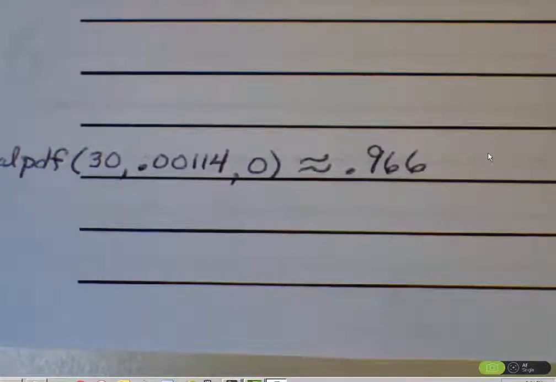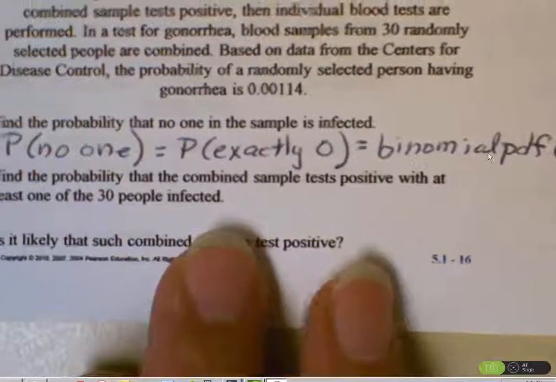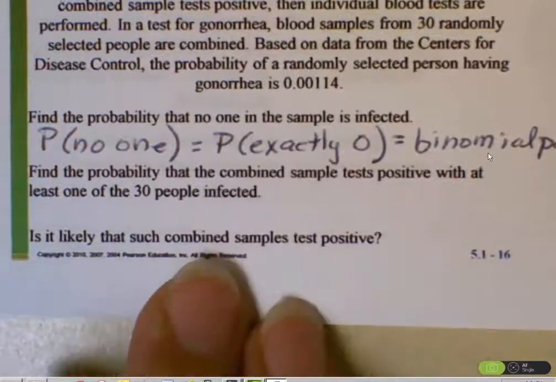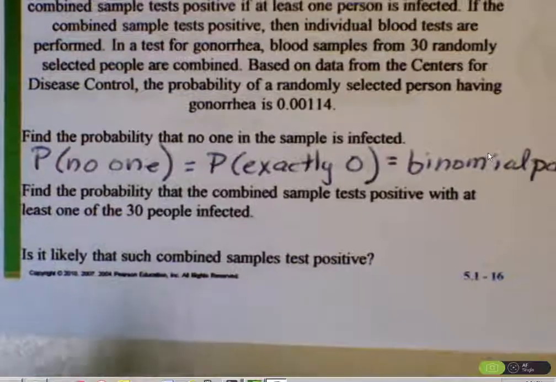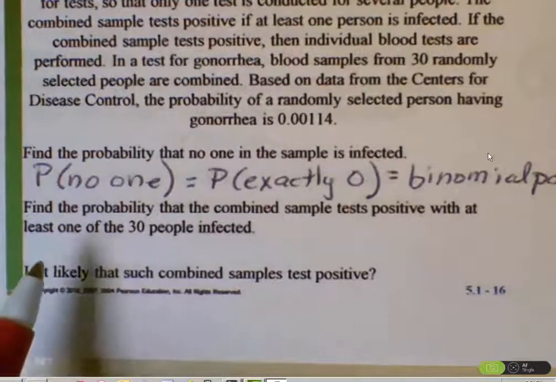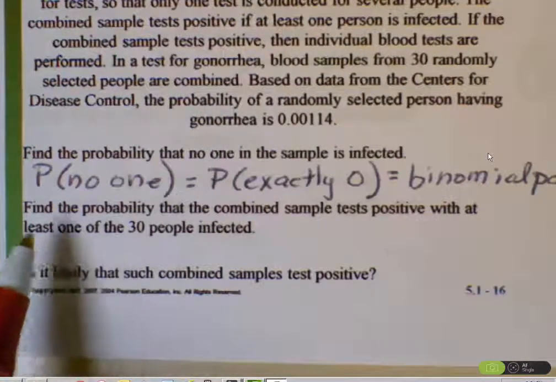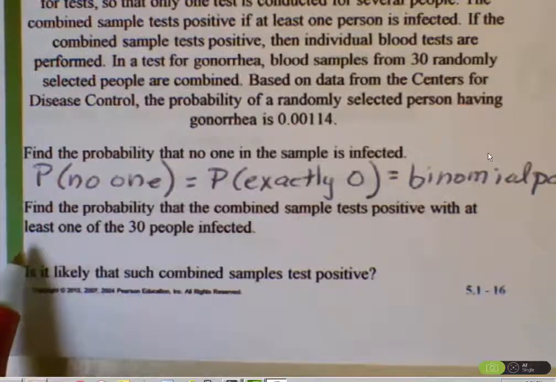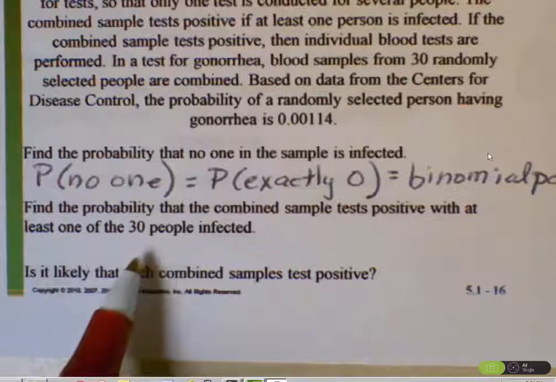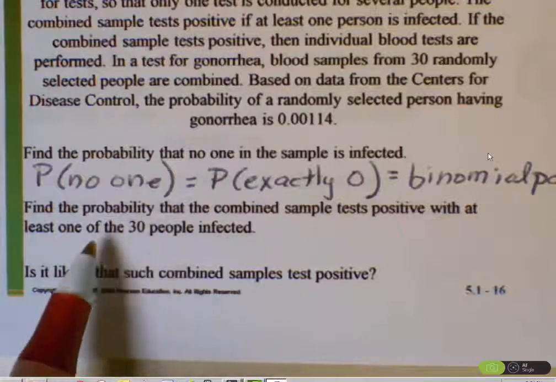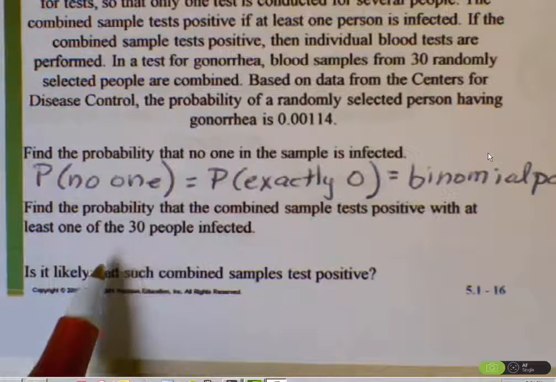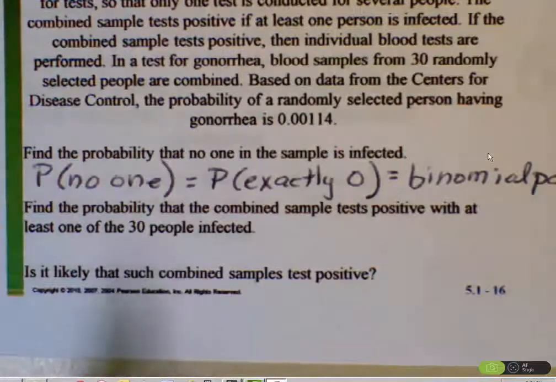We also need to find the probability that the combined test is positive, with at least one of the 30 people infected. Well, there's an easy way to do this and a less easy way to do it. We could say at least 1 is 1 minus binomial CDF and add up from 0 to 29.